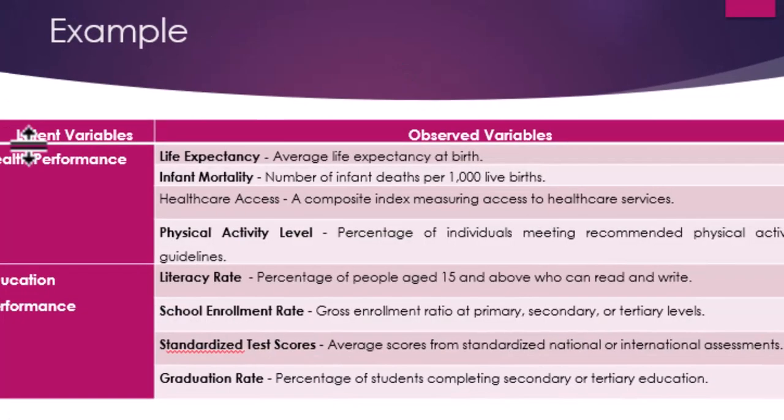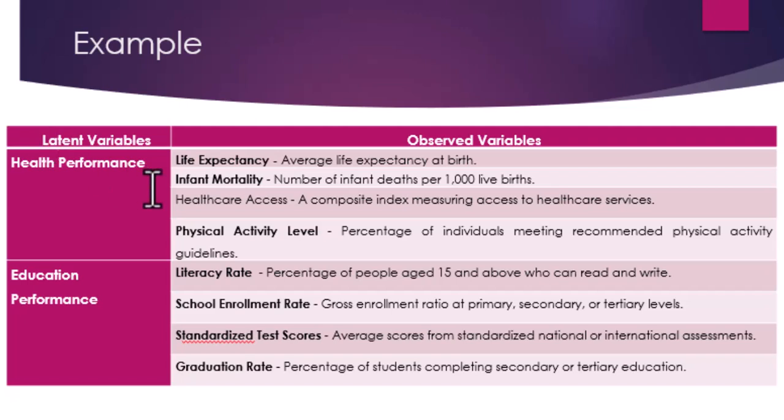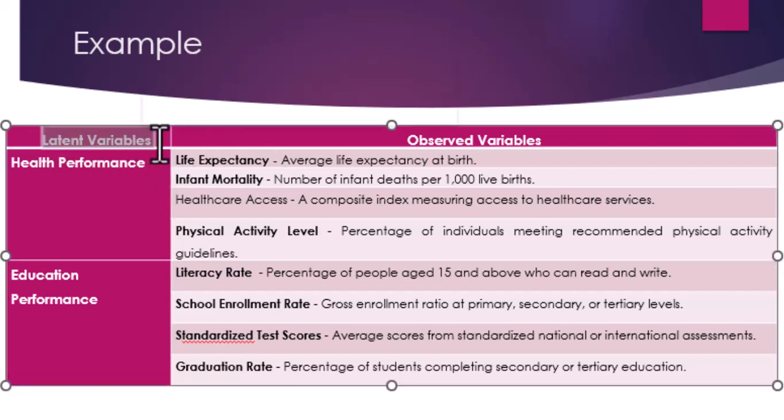So let us look at an example. For instance, in a questionnaire, we have latent variables on one side and observed variables on the other side. Say we have a latent variable which is health performance, but you cannot directly measure health performance. So to measure this latent variable, we use observed variables. We have 4 observed variables. The first observed variable is life expectancy.